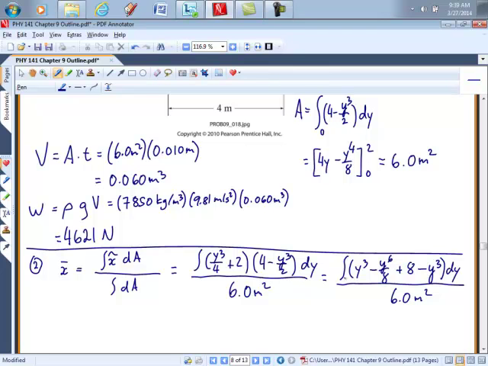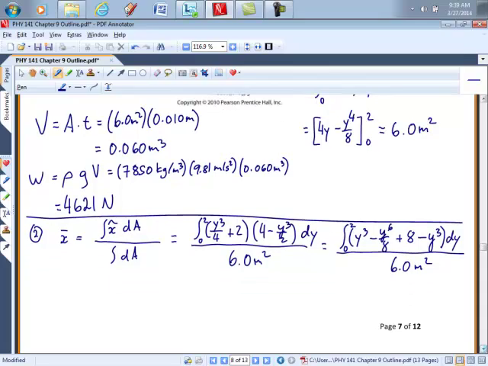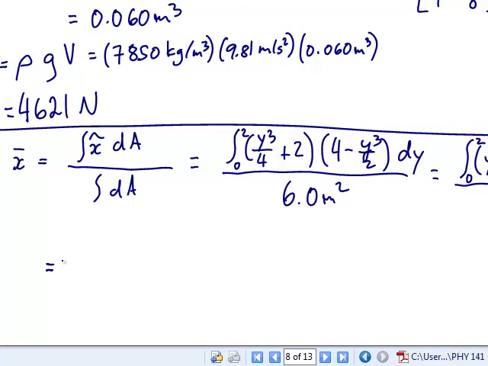And the integral is from 0 to 2. So that's going to be the integral of 8 minus y to the 6 over 8 dy, 0 to 2, over 6.